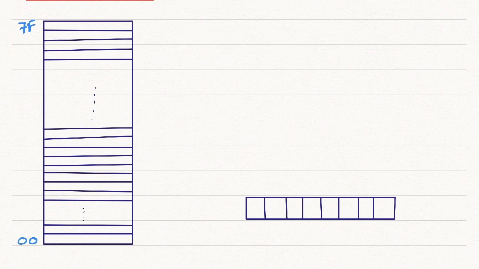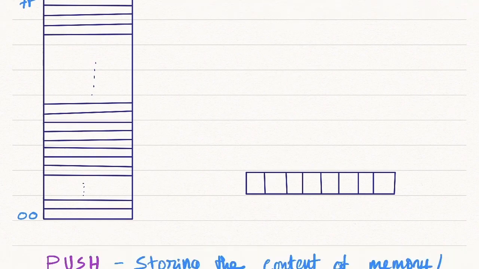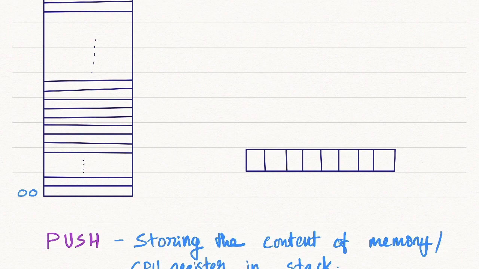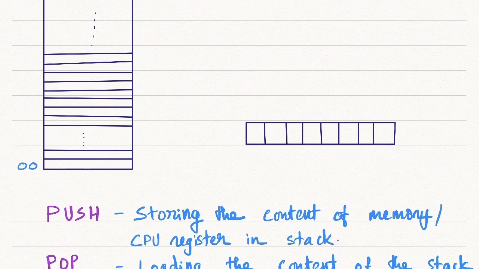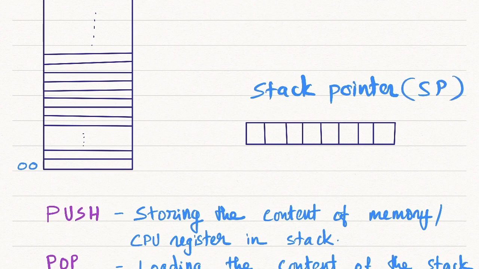Whenever we talk about memory, there is something called a memory address. There is a special function register in 8051 which is used to access the address of this memory, and that special function register is called the stack pointer, or in general SP.